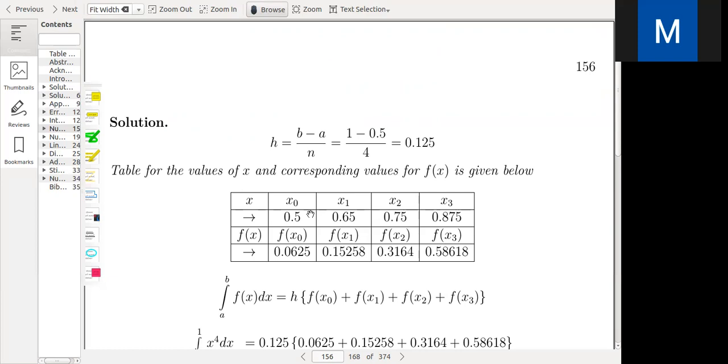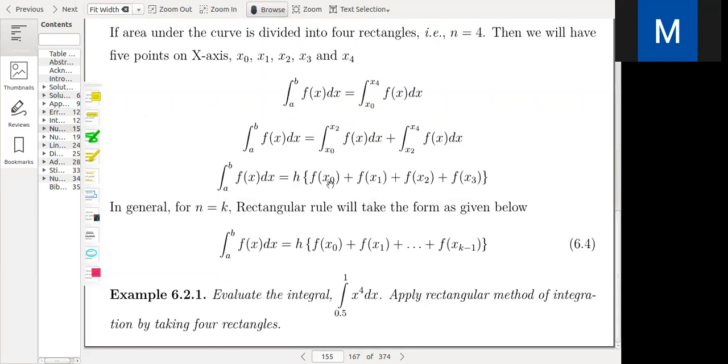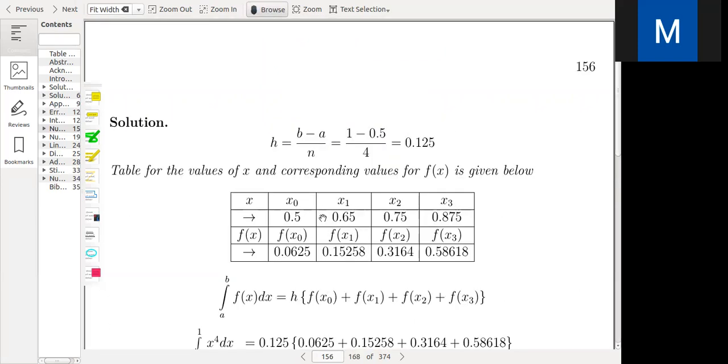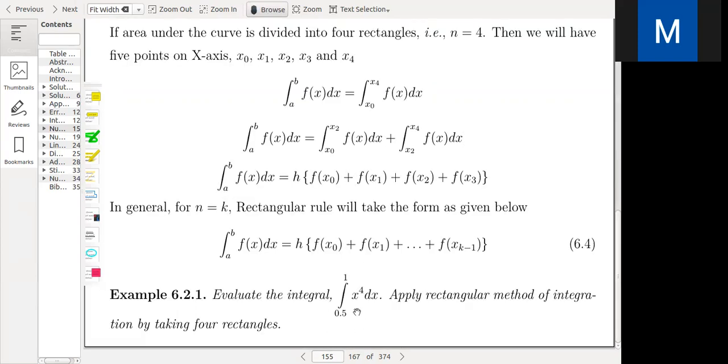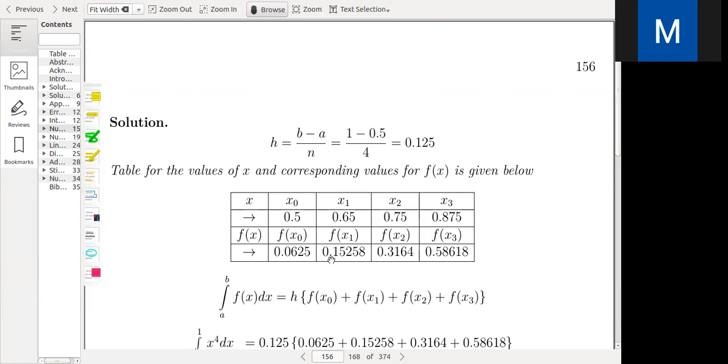We will have four points. So for n equal to 4, x0, x1, x2, and x3. The first point is 0.5, and the next point will be 0.5 plus 0.125, which will be 0.65.